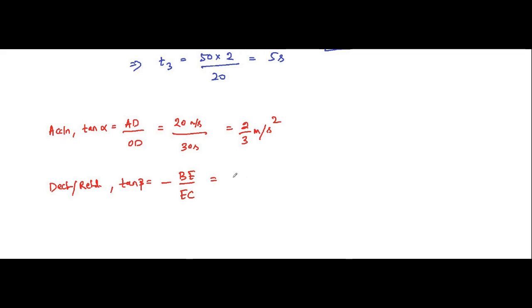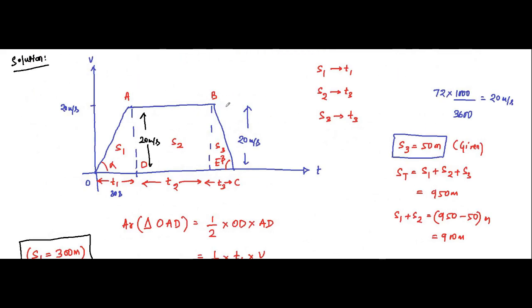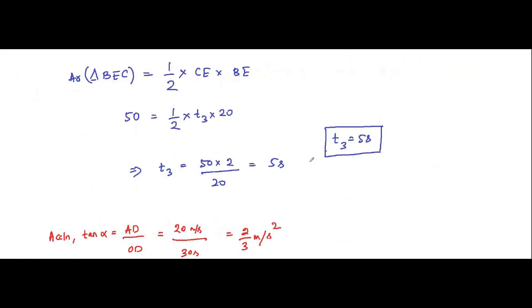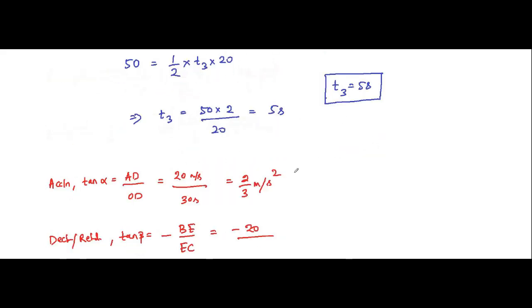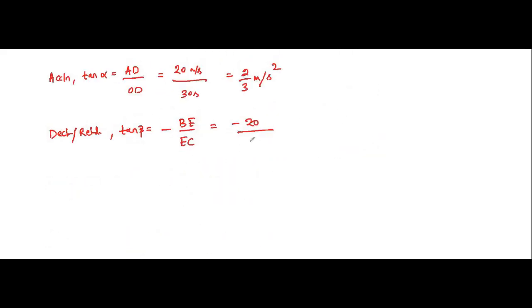So it is minus 20, where BE is 20 and EC is T3, which we have calculated as 5 seconds. So that is equal to minus 4 meters per second square.